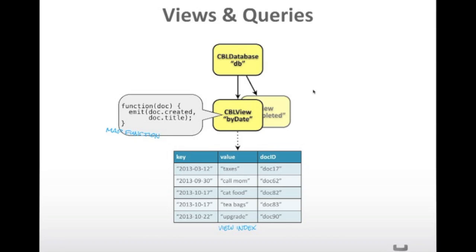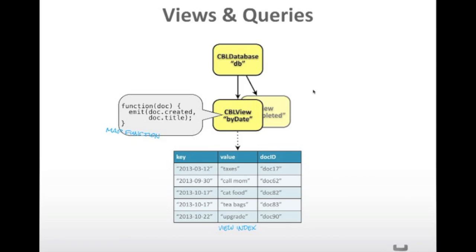So the emit function tells it first what key to emit. Here's a picture of the index. And we're partway through indexing our grocery sync database. So the key here you can see is a date every time. It would actually be a full timestamp. And the value associated with it is that document's title, because that's what we passed in for the second parameter of the emit call.